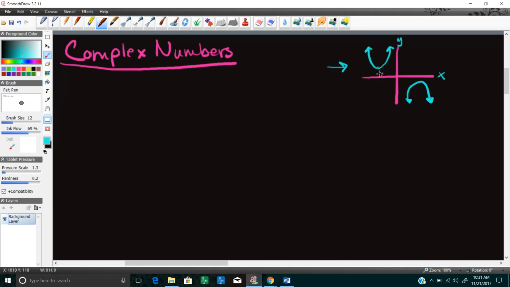Usually when that happens, we say there's no solutions, that there's no x-intercepts. However, this is not entirely true, at least not the way it's written. What we should be saying is that there are no real solutions.